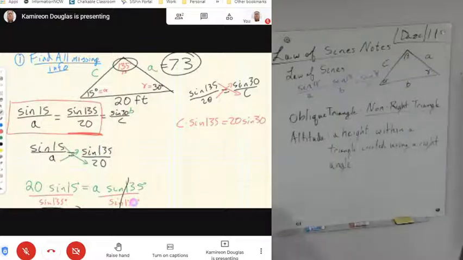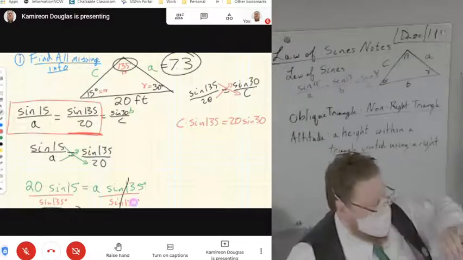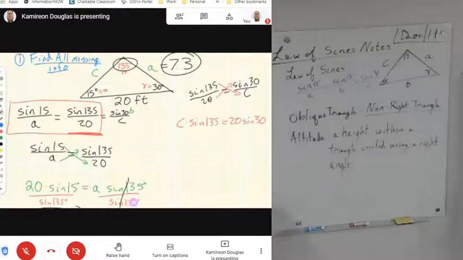I get C by itself by division, so I'm going to divide both sides by sine of 135. Left-hand side cancels, leaving just C. Right-hand side, I get 20 sine of 30 over sine of 135.